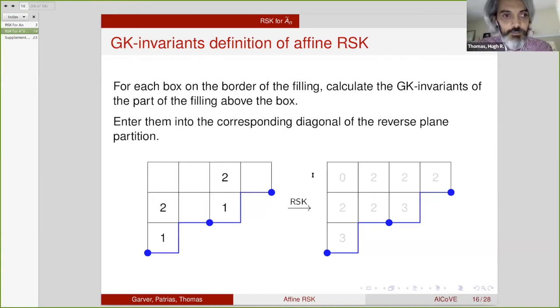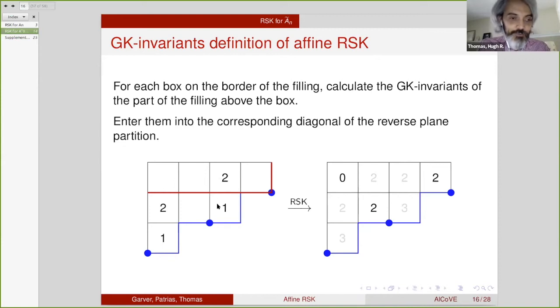So for calculating the Greene-Kleitman invariants, for each box again on the border, we're restricting to the part of the filling that's above that box, and then in the corresponding diagonal, we're entering the Greene-Kleitman invariants. And of course, you don't have to do an infinite amount of work to do this.